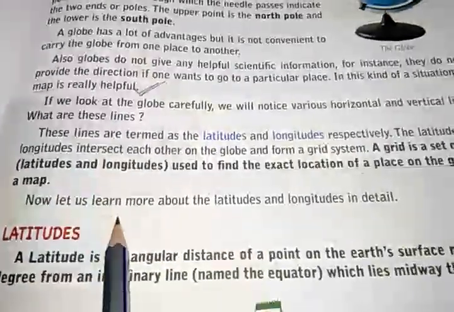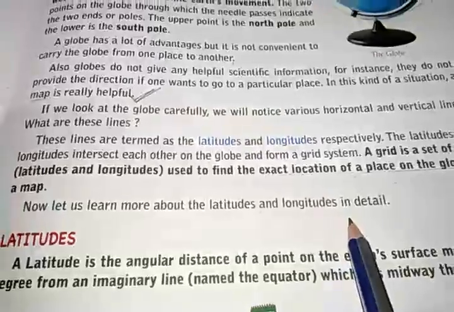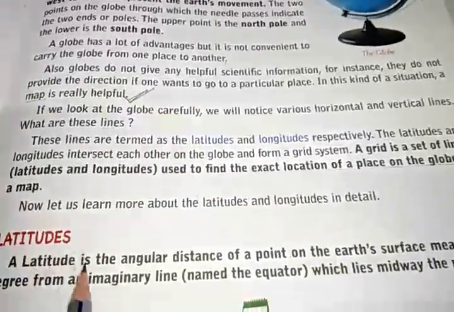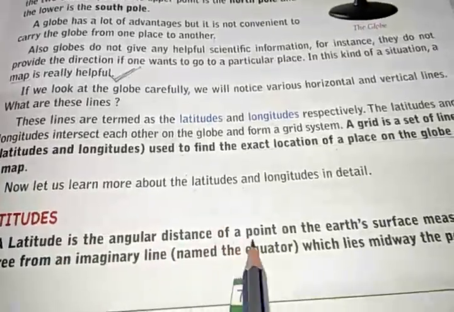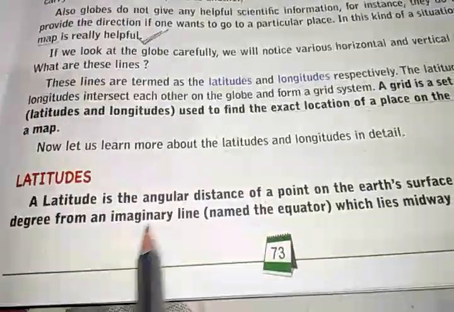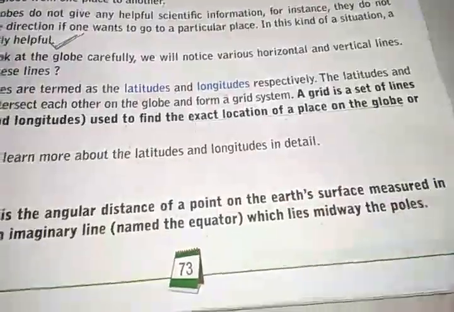Now let us learn more about latitudes and longitudes in detail. So what are latitudes? A latitude is the angular distance of a point on the earth's surface measured in degrees from an imaginary line named the equator, which lies midway between the poles.